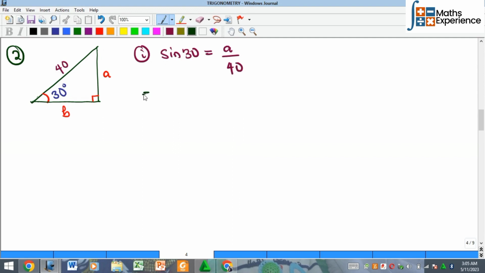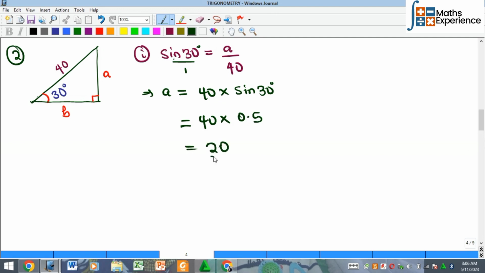So that means that my a, remember this is over 1, my a is going to be 40 multiplied by the sine of 30. Remember to always put degrees on your angle because they are angles, and that is equal to 40. The sine of 30 is 0.5, and that's going to give us 20 as our solution.